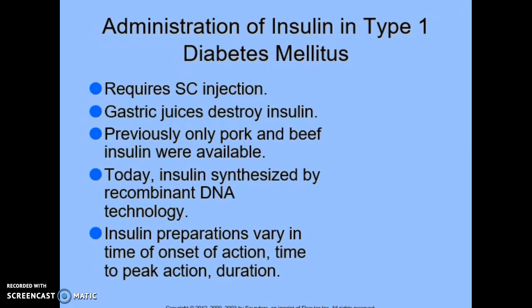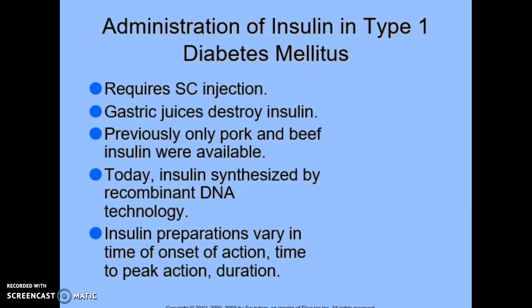Previously, only pork and beef insulin were available. Today, insulin is synthesized by recombinant DNA technology, and it continues to grow and change with time and with science. And insulin preparations vary in time of onset of action, time of its peak action, and the duration.